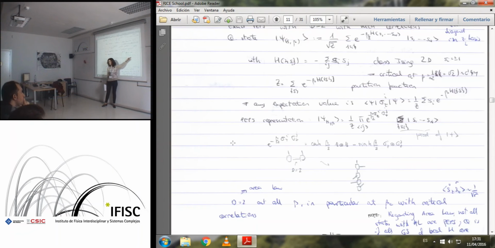Everything is diagonal in sigma z, so instead of writing the value, you write the operator. This is a number of two-body terms which commute with each other, so you can break down the exponential as a product of exponentials. Now you look at one of these exponentials, and you can write it exactly as a linear combination of products of single-site operators, like the identity and sigma z times sigma z.